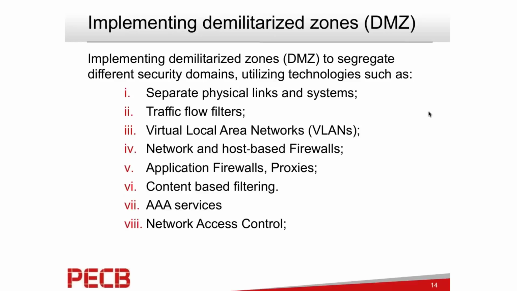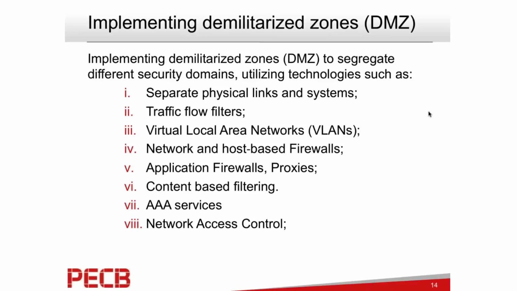So let's talk a bit about the DMZ, the demilitarized zones. As I mentioned, you can simply implement them to segregate different security domains. In order to do so, you can utilize technologies as simple as just a VLAN, virtual local area network. You can have a DMZ by a VLAN.